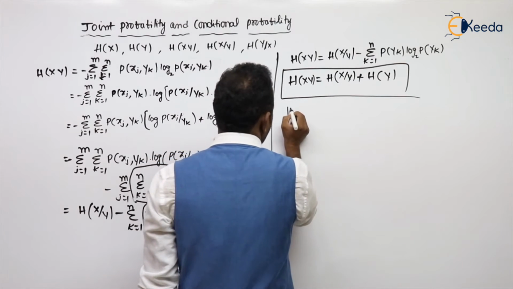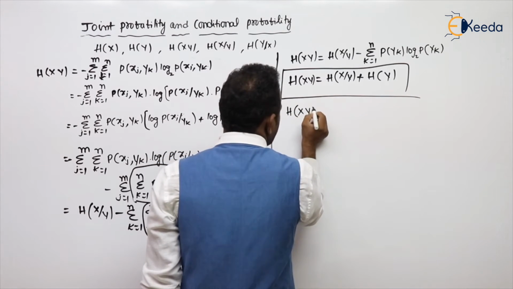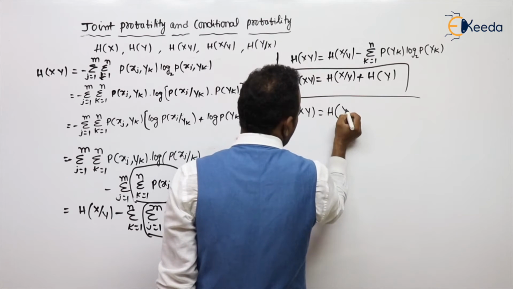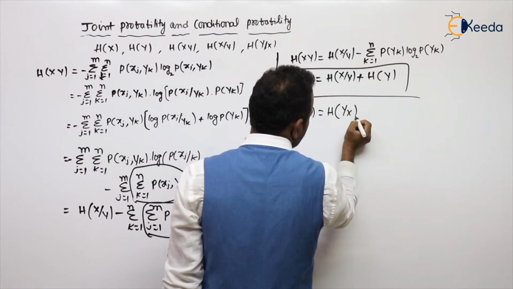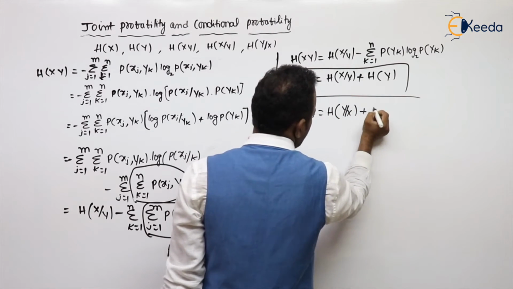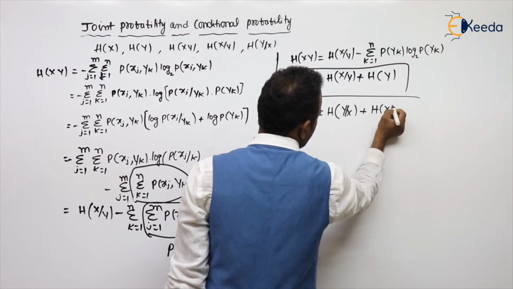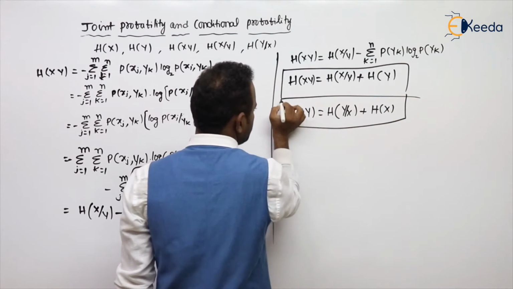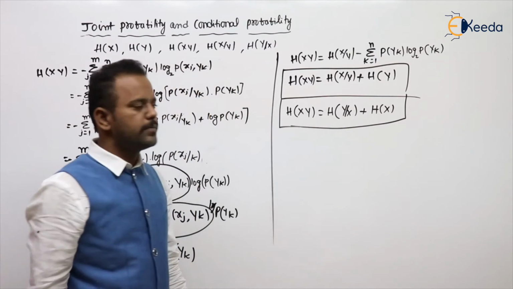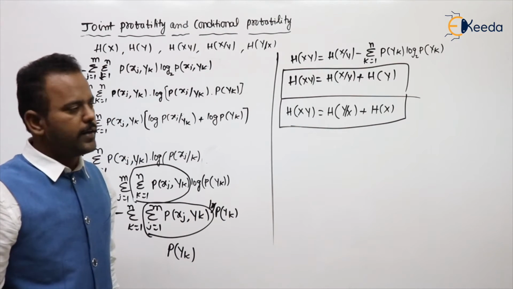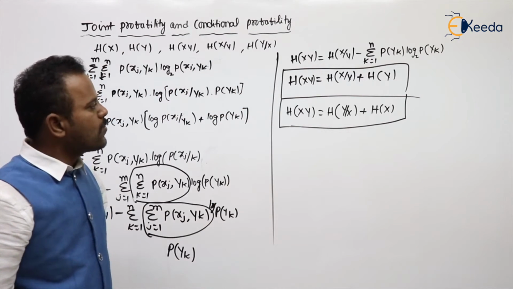In a similar manner, H of xy equals H of y by x plus H of x. Are you getting my point? These are the two conclusions we can bring.